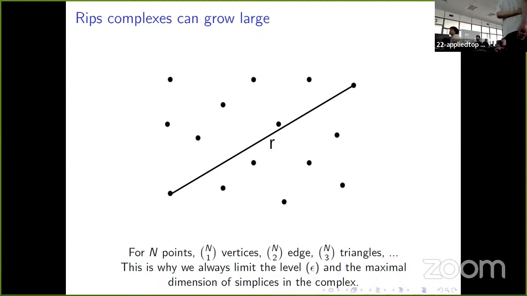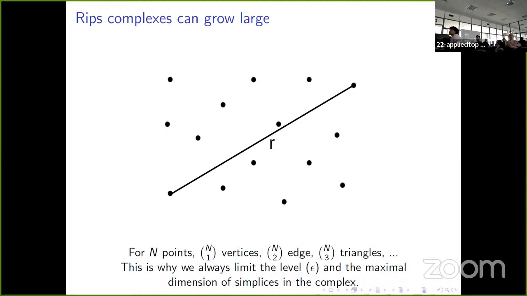Okay, that's not too bad. But then I will have n choose 3 triangles, n choose 4 tetrahedra, n choose 5, etc., etc. So if you remember, if you actually sum up the binomial coefficients, they sum up to 2 to the n, which is growing exponentially, that will kill your computer, and that will essentially kill any computer you may have.